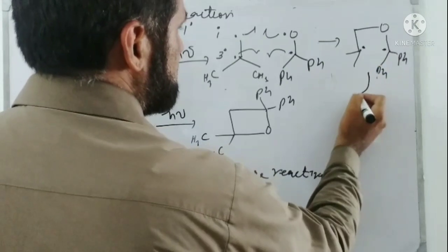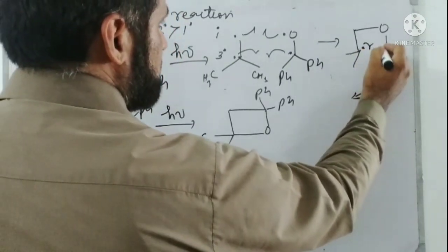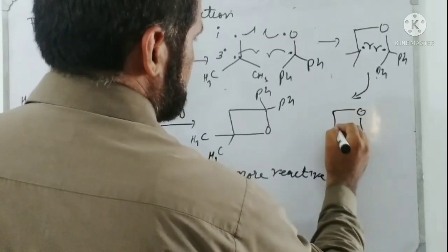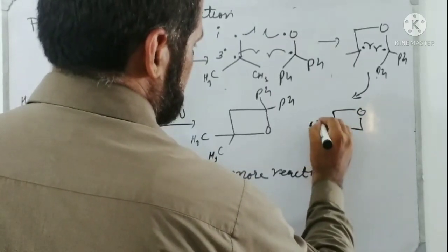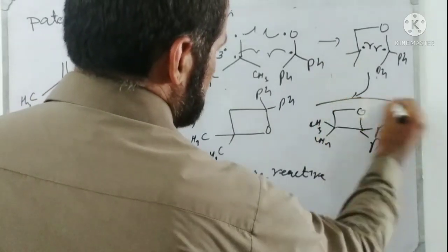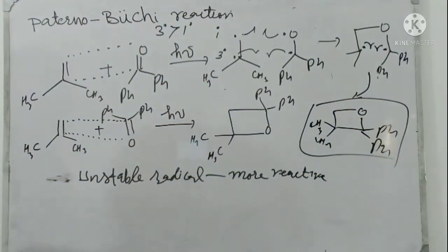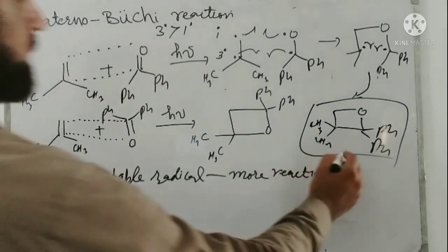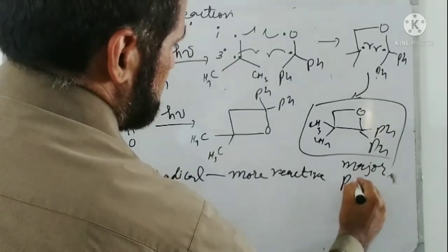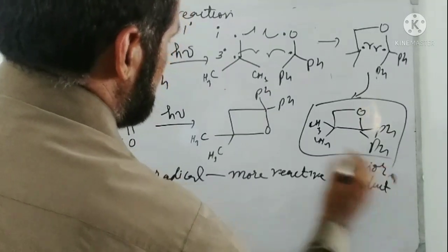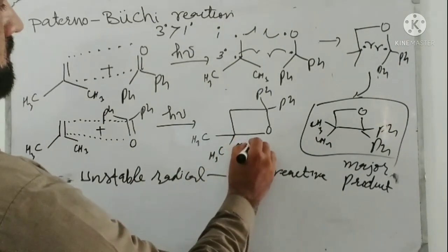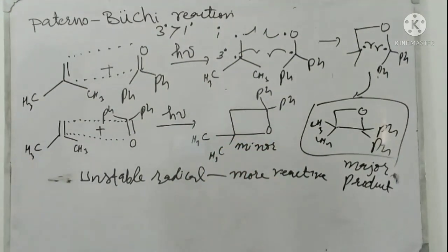Later on, these two radicals combine to form the product. So this one is the major product, and this is the minor product.